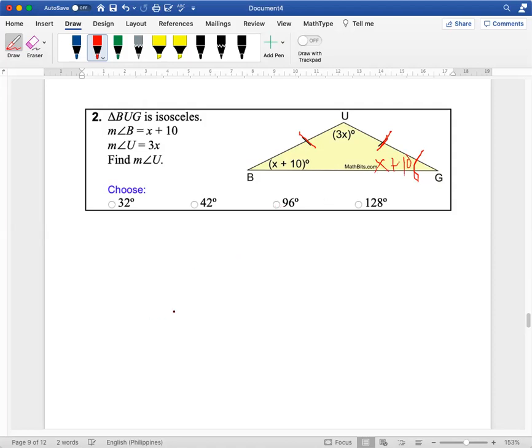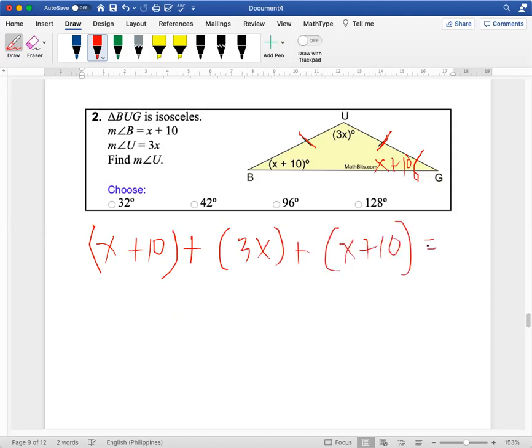So for us to solve for x or 3x, we can use the angle sum theorem of a triangle. We know that the sum of the angles of a triangle is 180, so 3x plus x plus 10 plus x plus 10 equals 180 degrees.